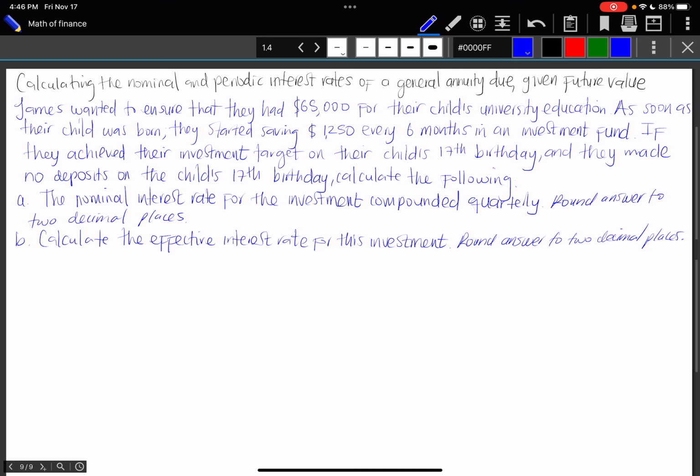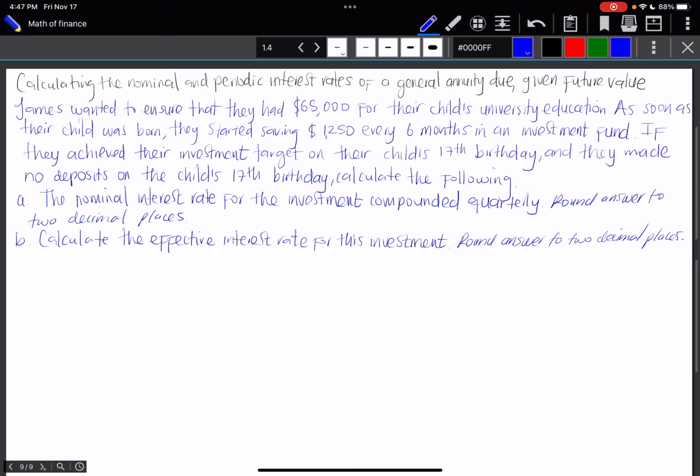Now, because payments are made at the beginning of every 6 months, this annuity is an annuity due. So we're working with a general annuity due.